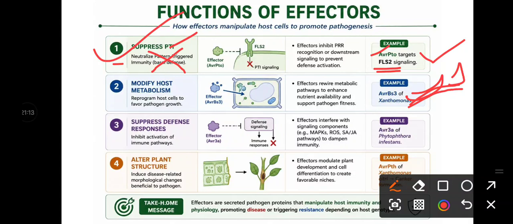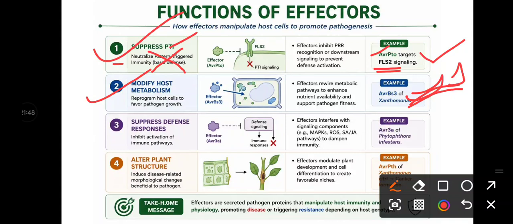Then the second method by which the effector acts is that it modifies the host metabolism. Mostly the nuclear localized effector does this. Three types of effector we have discussed: apoplastic, cytoplasmic and nuclear. Generally this nuclear effector translocates inside the nucleus and alters gene expression, transcription, translation.